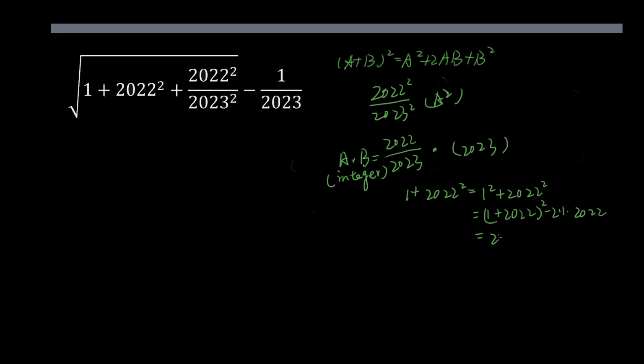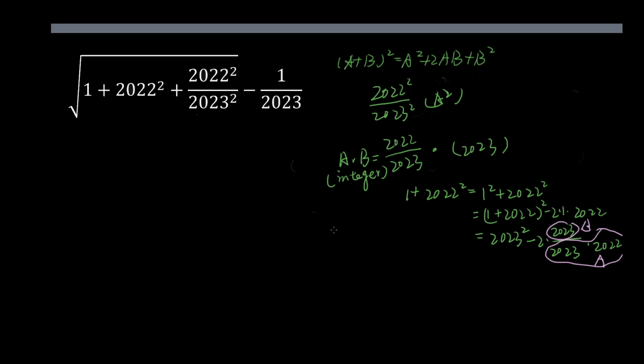This is 2023 squared minus 2 times 2023 and 2000 over 2023 times 2022. Why do we rewrite 1 as this part? Because in such a way we can get A and B. This is the A and this is the B.